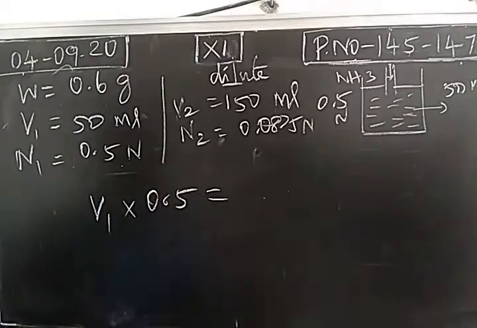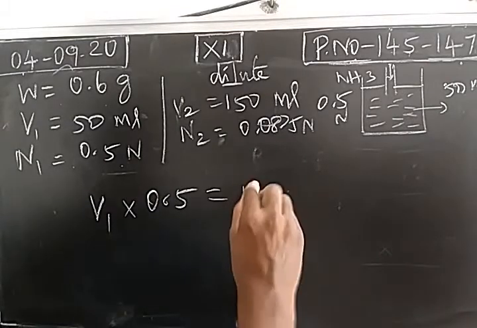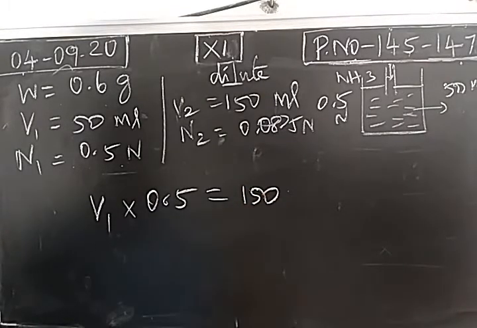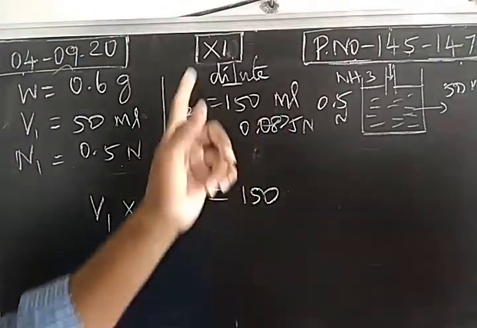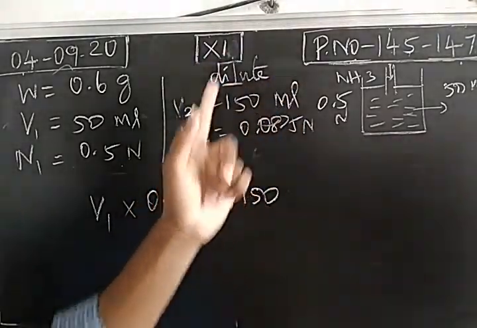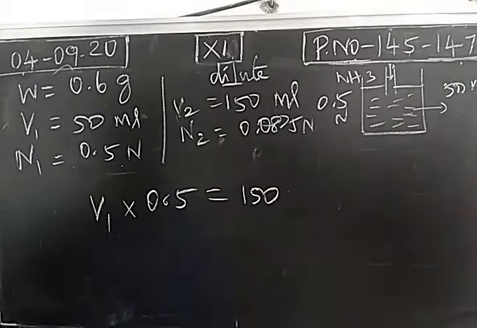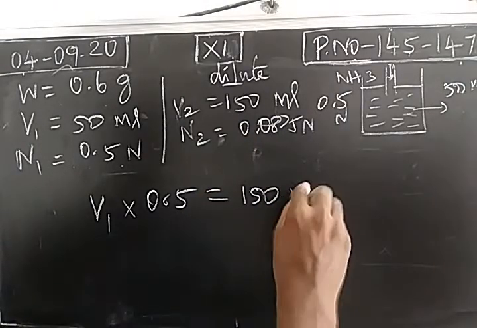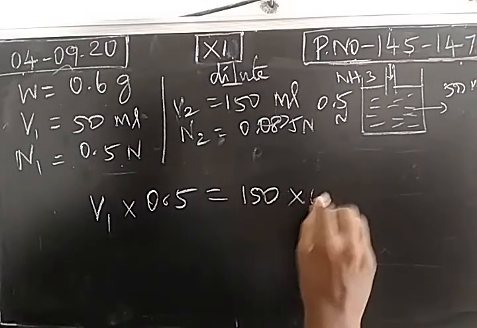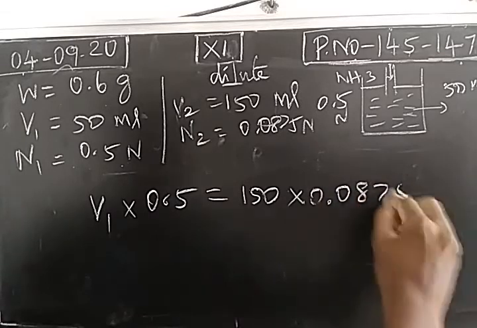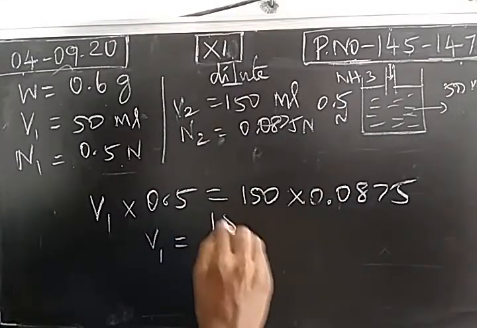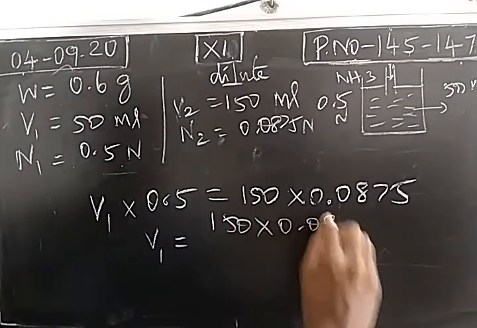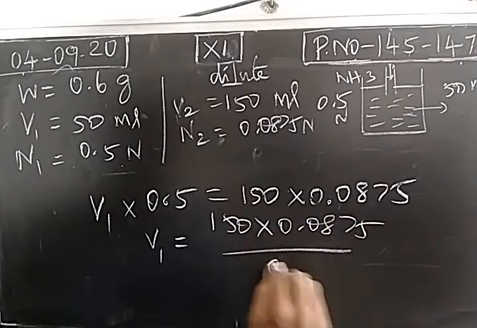Next, dilute sulfuric acid. The remaining sulfuric acid in the receiver is made up to 150 ml. Okay, the dilute solution is made up to 150 ml and its concentration is already calculated as 0.0875. What about V1? It is 150 into 0.0875 divided by 0.5.